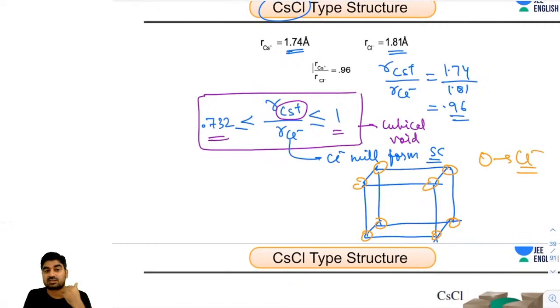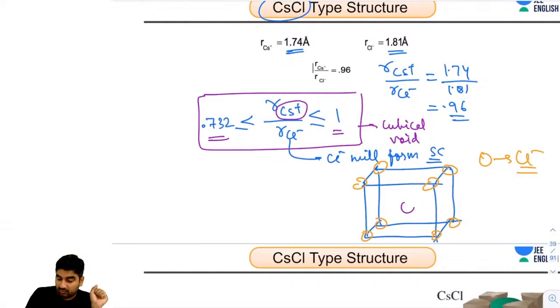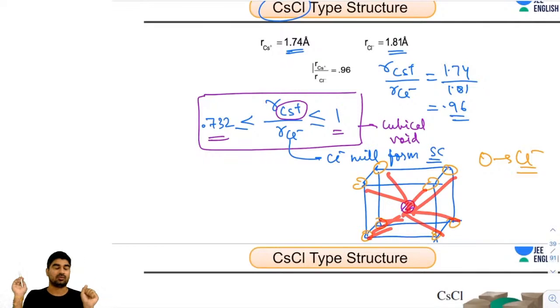Now where will the cesium move? Cesium will move to the cubical void. And where is the cubical void? Yes, the cubical void will be at the center. So how many atoms is it touching? 4 above and 4 below.